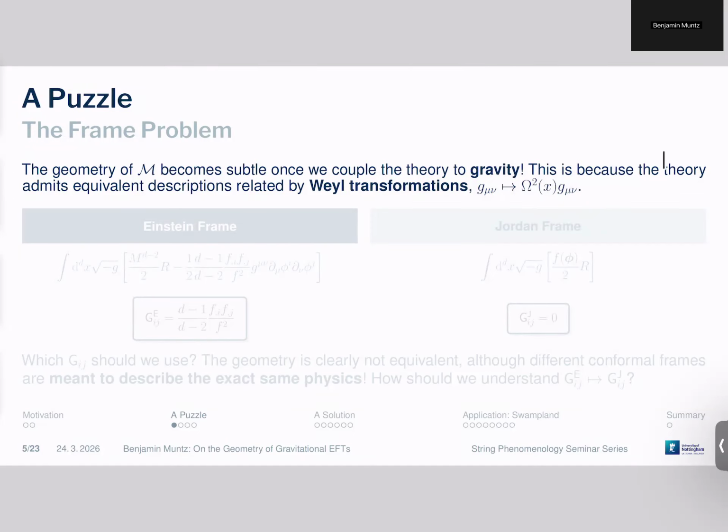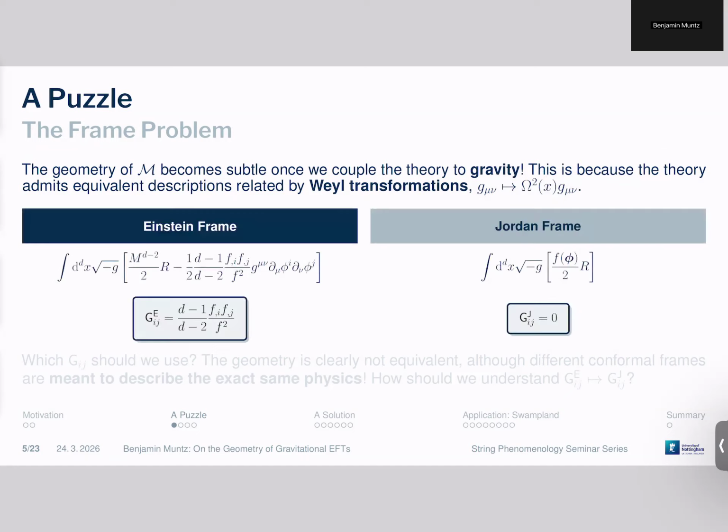And so we can cast our theory in what we call different conformal frames. Here are, for example, two of them, but there's an infinite number of them that we could choose from. Maybe most familiar is what we call the Einstein frame, where the effective gravitational coupling is a constant.